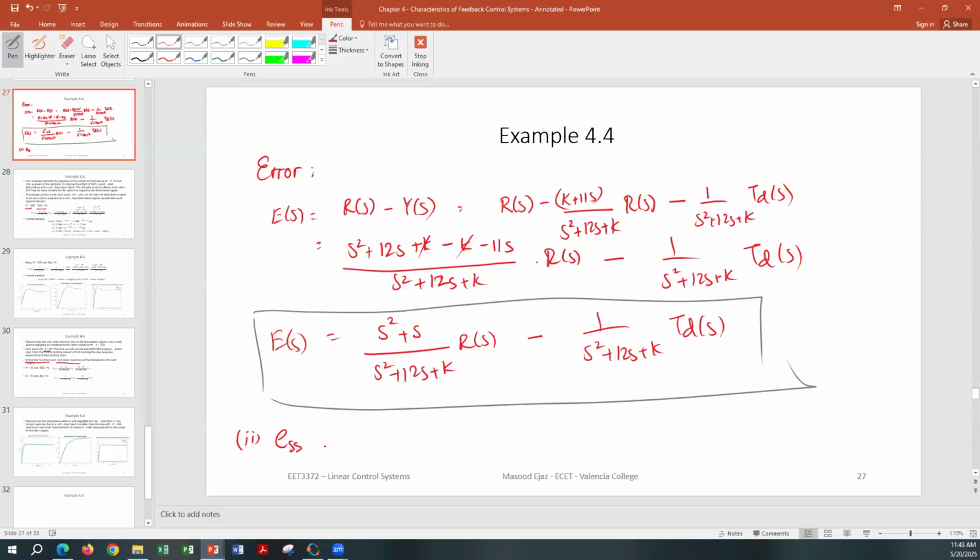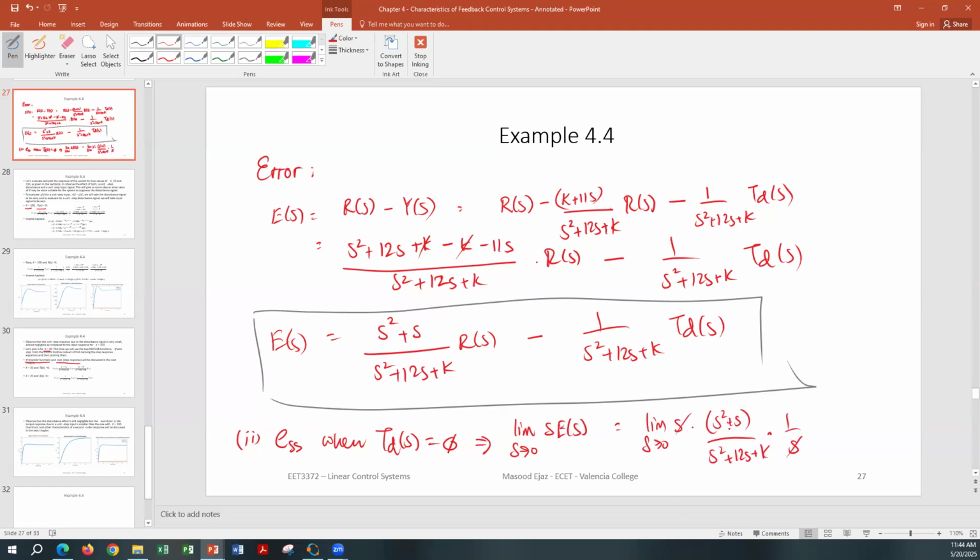E steady state when E_D(s) is equal to 0 implies limit s tends to 0, s E(s) only due to R(s) is equal to (s square plus s) over (s square plus 12s plus K) times 1 over s.